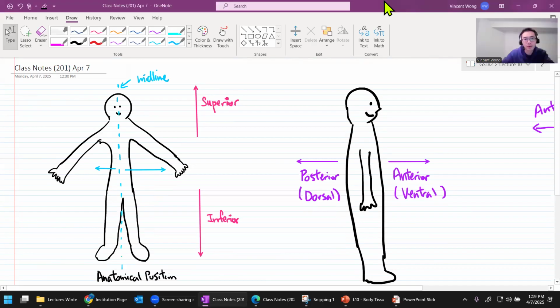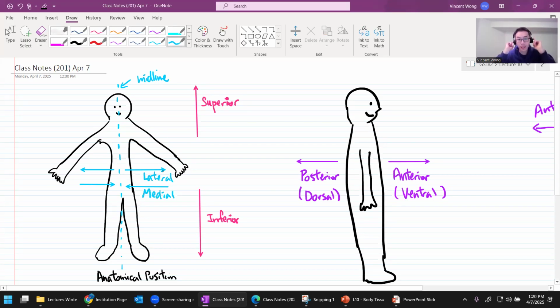Yes, it is lateral. Thank you. Very good. If you have taken anatomy before, you would know that this is lateral. And the opposite of lateral is medial.